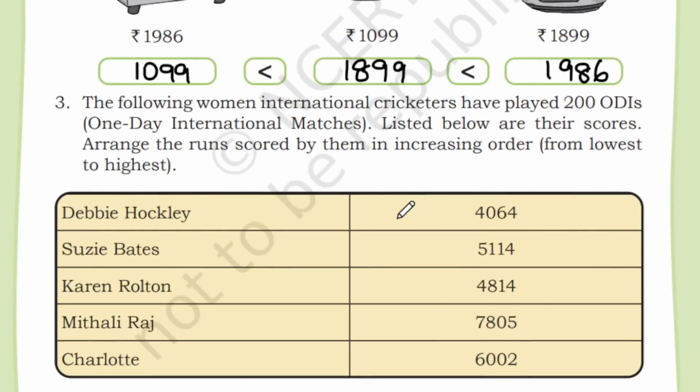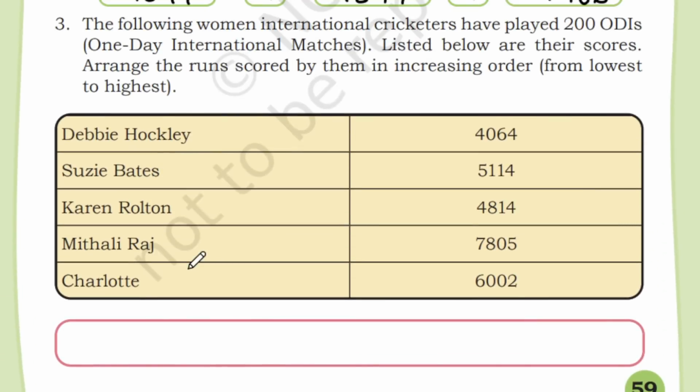Okay. Next, the following women international cricketers played 2000 ODIs. Listed below are the scores. Arrange the run scores in increasing order, from the lowest to highest. So now we have to write from the lowest to highest. I'm going to mark it over. These kinds of questions are important for your exam, 5-mark or 3-mark questions also.